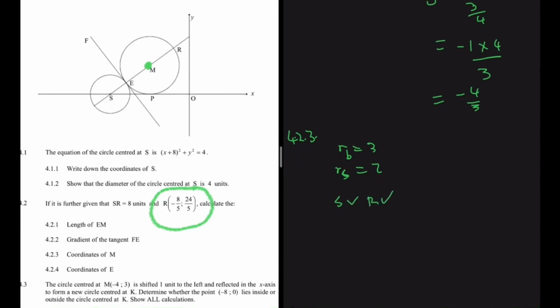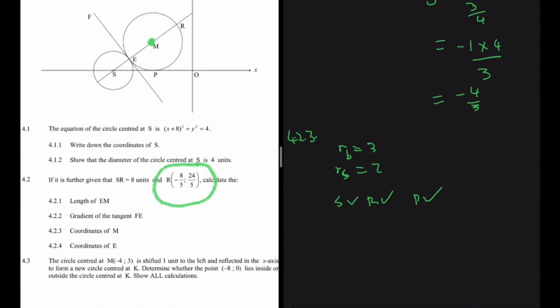And we sort of know the X value, the Y value of our coordinate P, right? So we have to find the coordinates of M using this information that we have. So how can we possibly do that? M and P, they share the same X value, right?